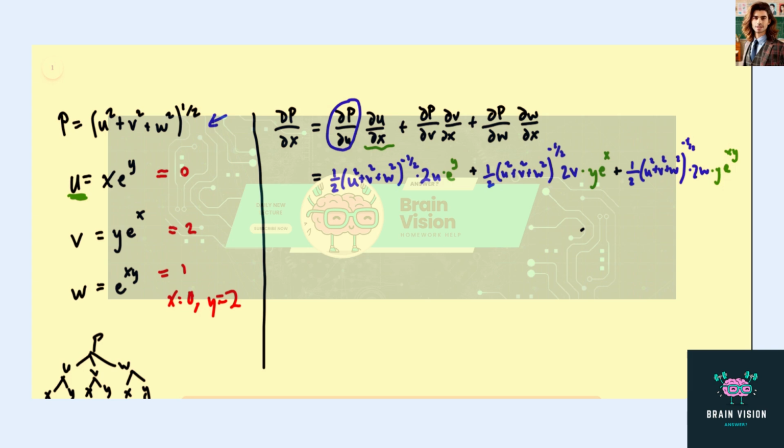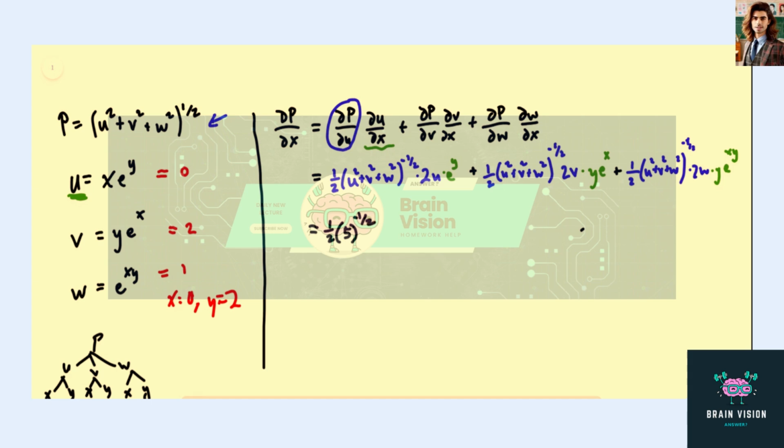At this point, it's just a matter of plugging in values that we know, and we do know all the values. So let's just be careful as we plug in. We have 1/2 times, let's see, u is 0, v is 2, 2 squared is 4, w is 1. So 4 and 1, we should be getting a 5 in that parentheses.